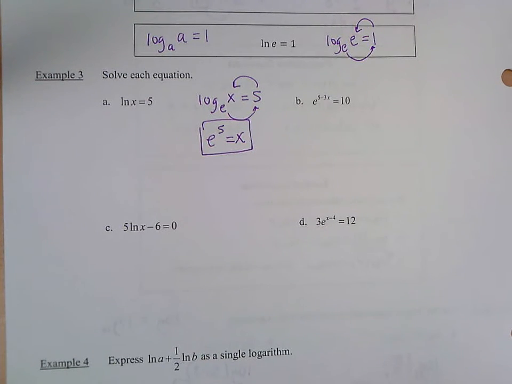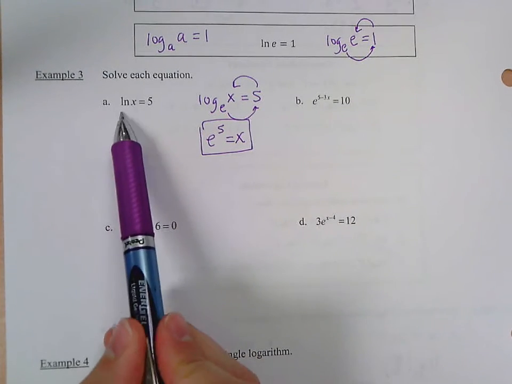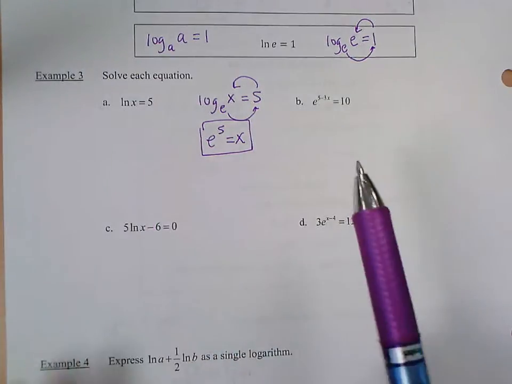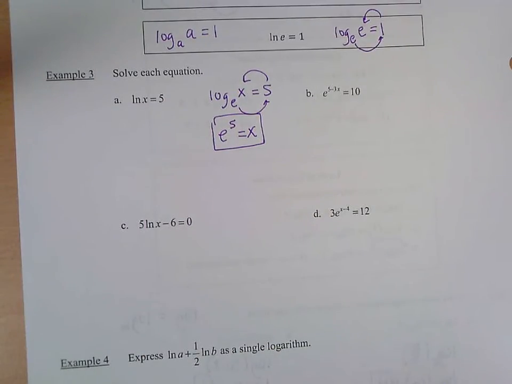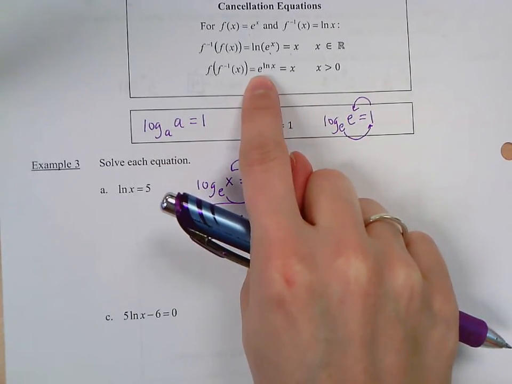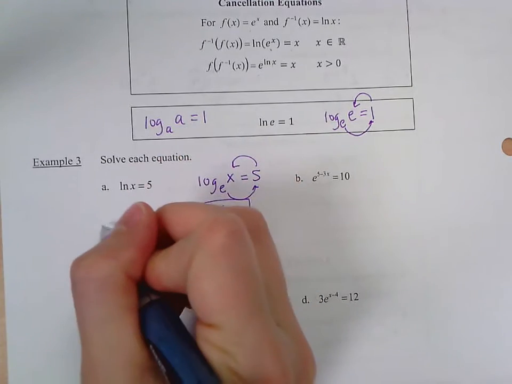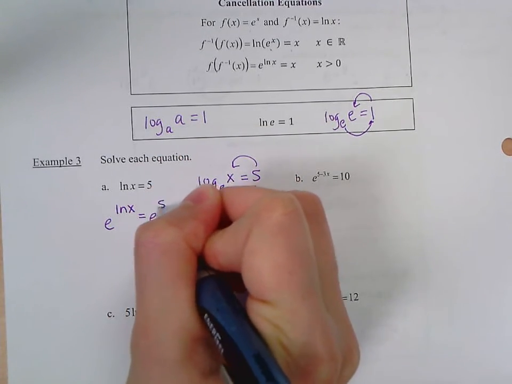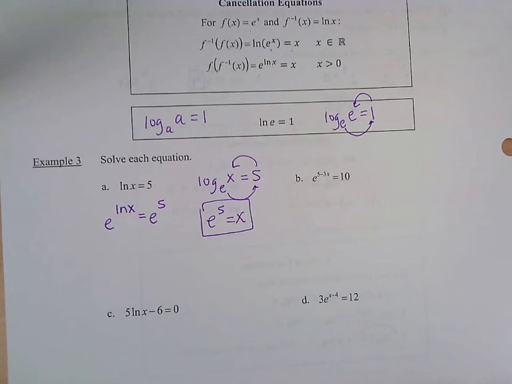What I would do when I see an equation like this is cancel out the natural log. And that's where you use these up here. If I want to cancel out natural log, I need to raise it as a power of e. So I would have e to the natural log of x equals e to the 5th power. I raise both sides as powers of base e.